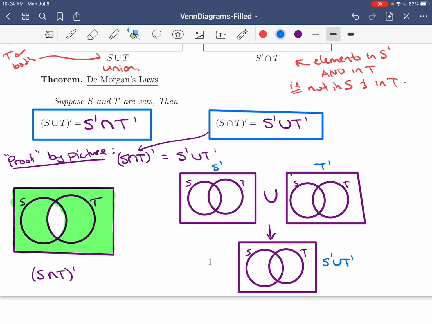Okay, so for S complement, it's everything outside of S. So that's going to be everything outside of this S circle. T complement is going to be everything outside of the T circle.